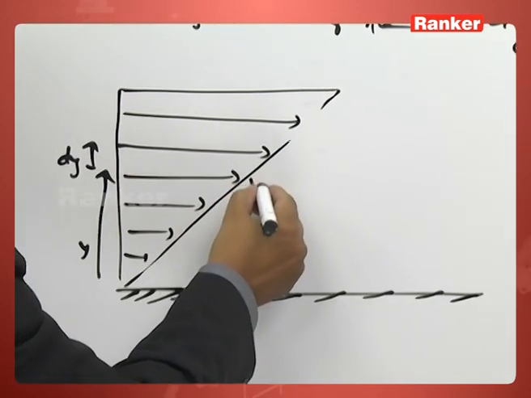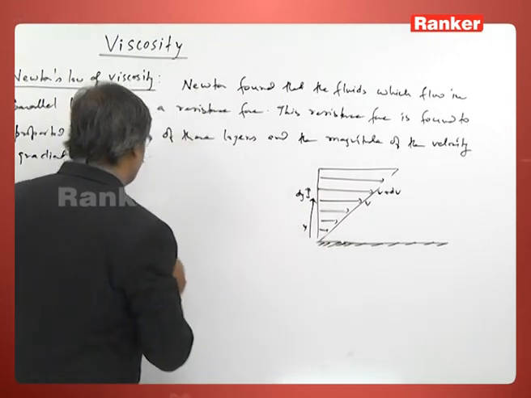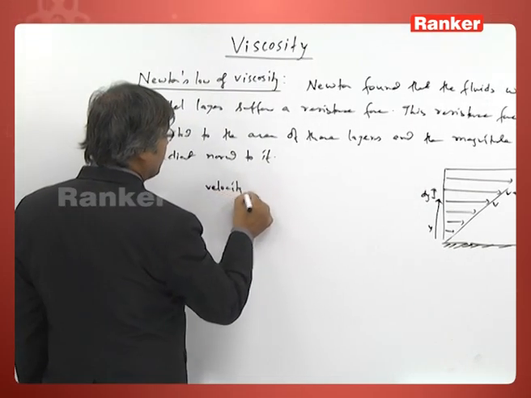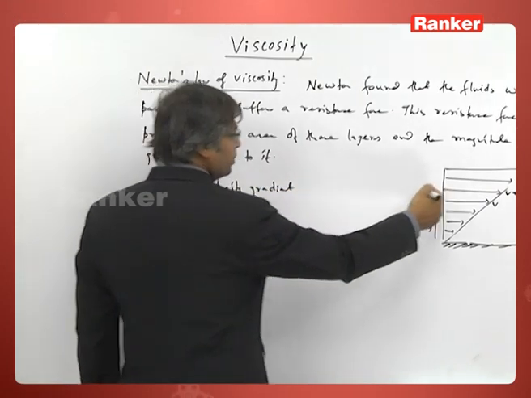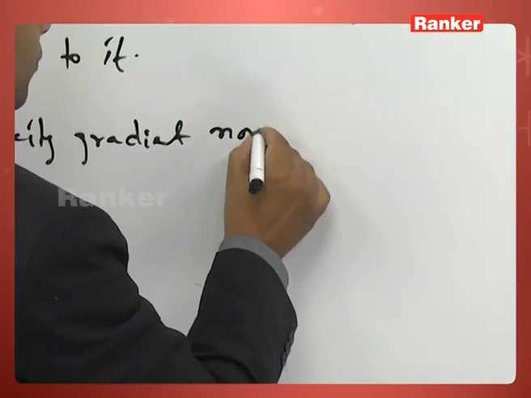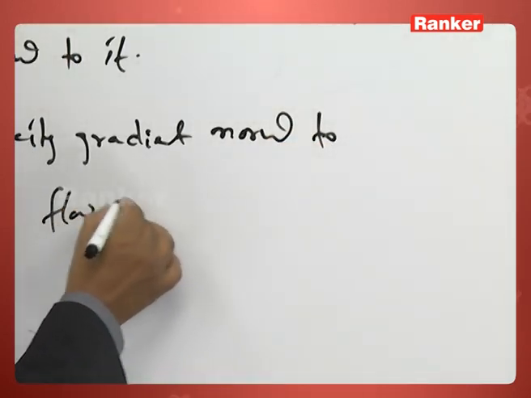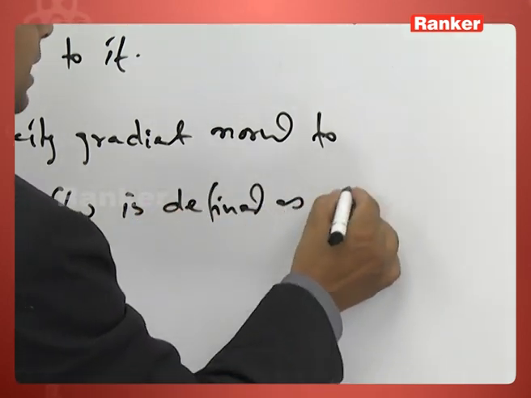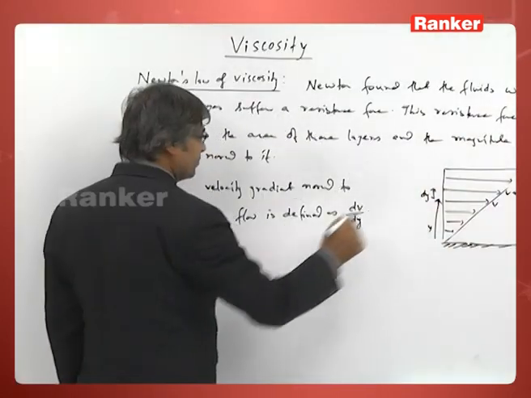Suppose here it is v and here v plus dv. So, here the velocity gradient normal to the flow is defined as dv by dy.